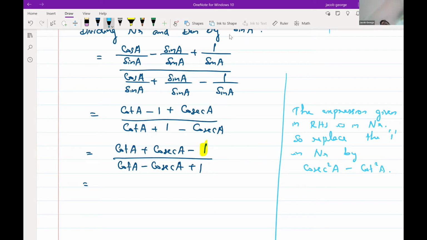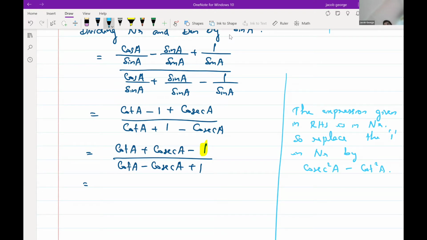Is that clear? If we have to get an answer in the denominator on the right hand side, you will replace the denominator. Example number 15 is of that form. So this is the reason: the expression given in RHS is in the numerator. So replace the 1 in the numerator by cosec square A minus cot square A. You have to write that reason in the reference space. Did you write?